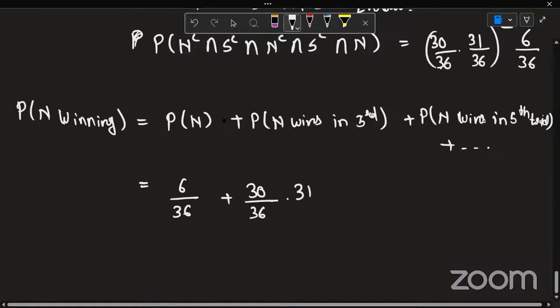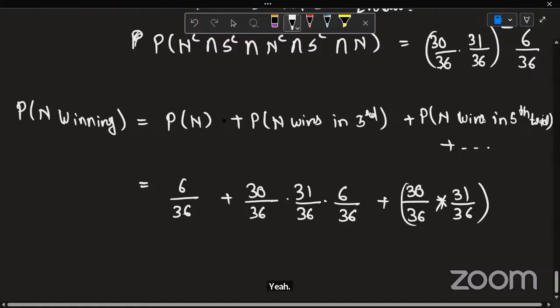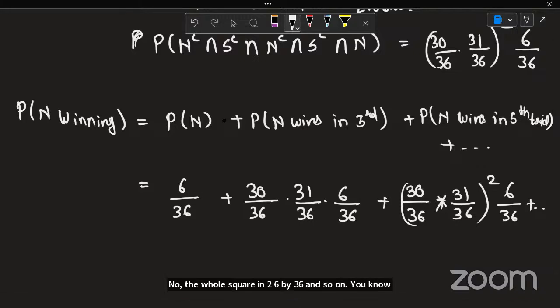Ma'am, can we use the GP method? Yes, you can find it here. Oh, sorry, it is a product only. The whole square into 6 by 36 and so on. Whenever it will be the seventh trial, this term will be cube.